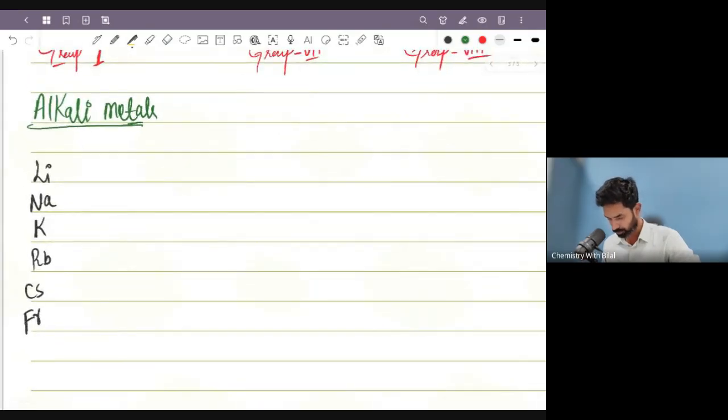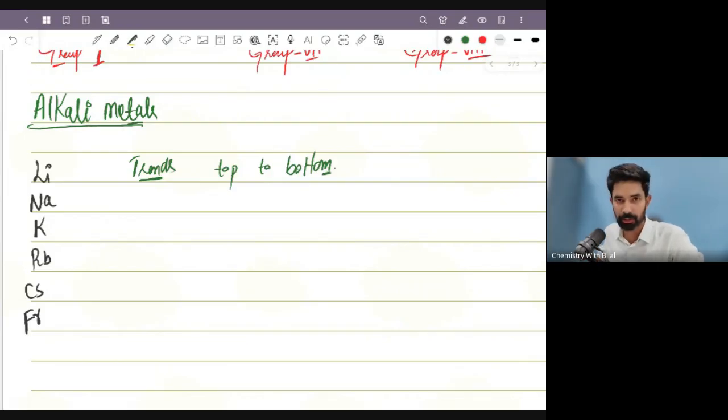First, let's talk about the trends. In group 1, trends mean what changes as you move top to bottom. What happens to their chemical reactivity, to their density, melting and boiling point, and other features. So as you move top to bottom, the chemical reactivity increases.